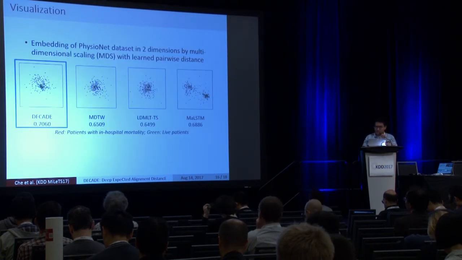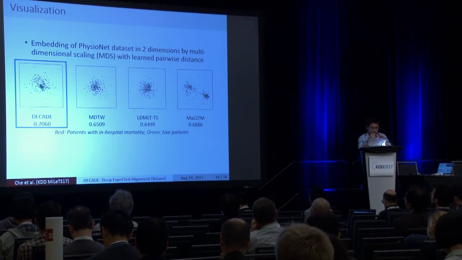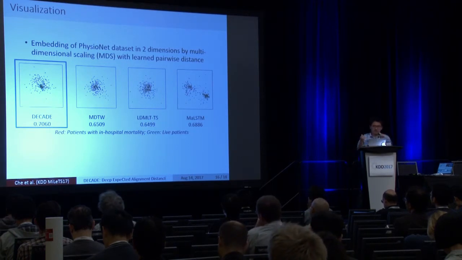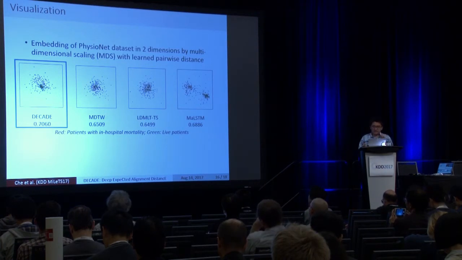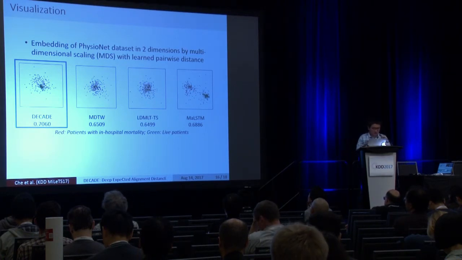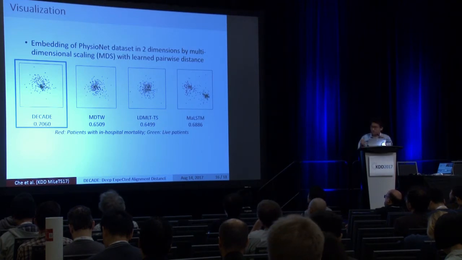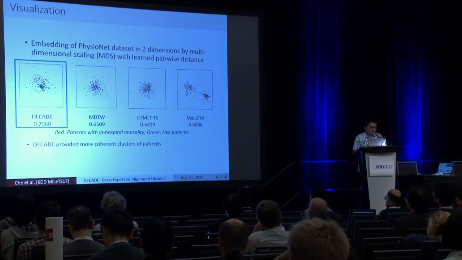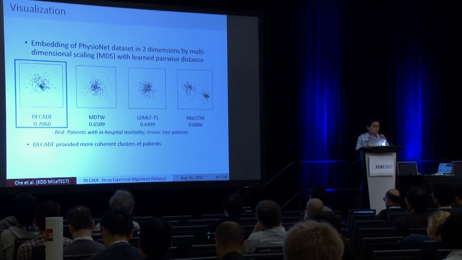Also, we will show some visualizations of our results. So this is the visualization from the embedding of the PhysioNet dataset based on the pairwise distance we calculated. So first, we can see that the red dots represent the patients with in-hospital mortality, and the green ones the rest of the patients. So first, the DECADE provides a more clear boundary of the 2 groups.